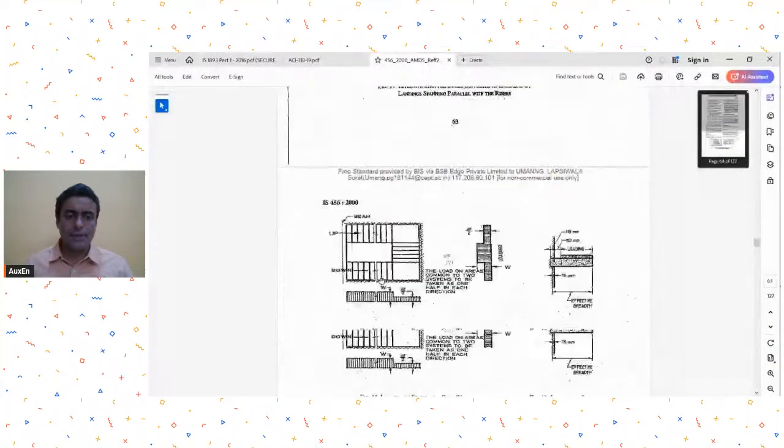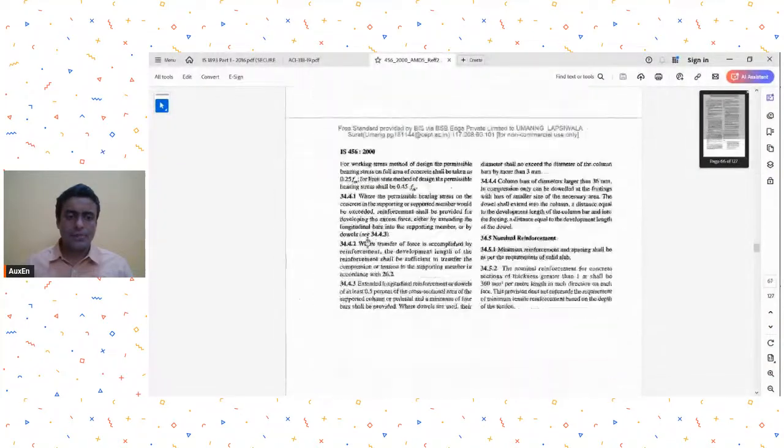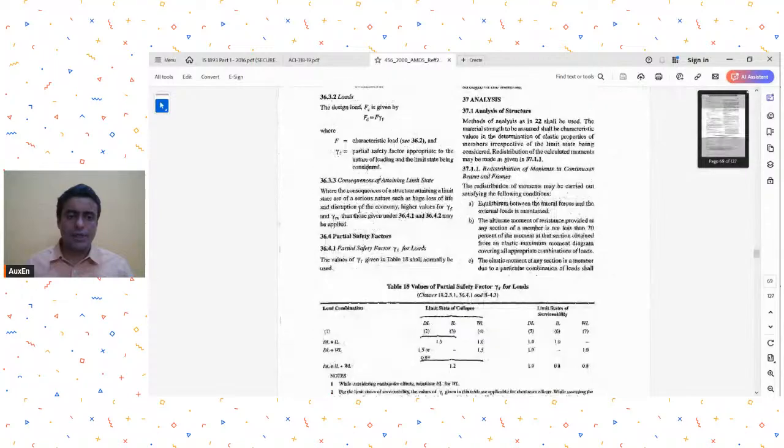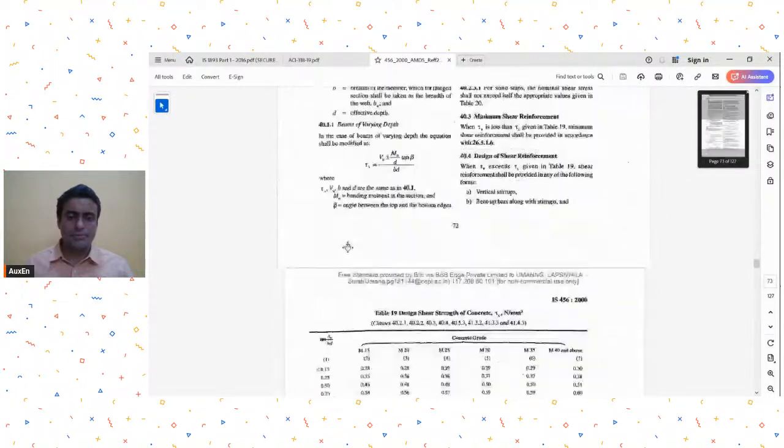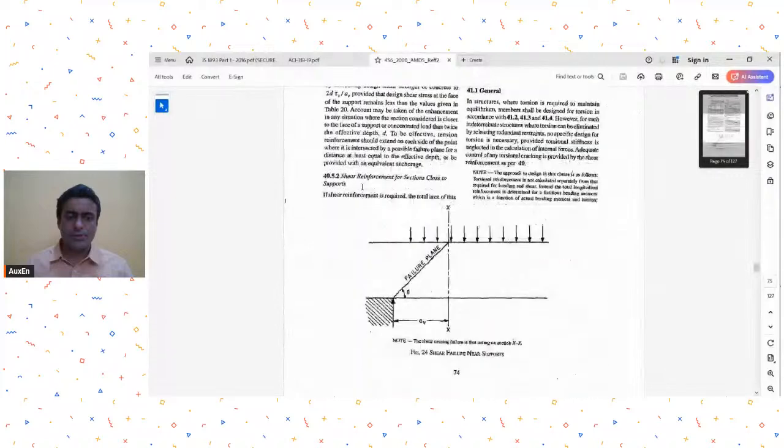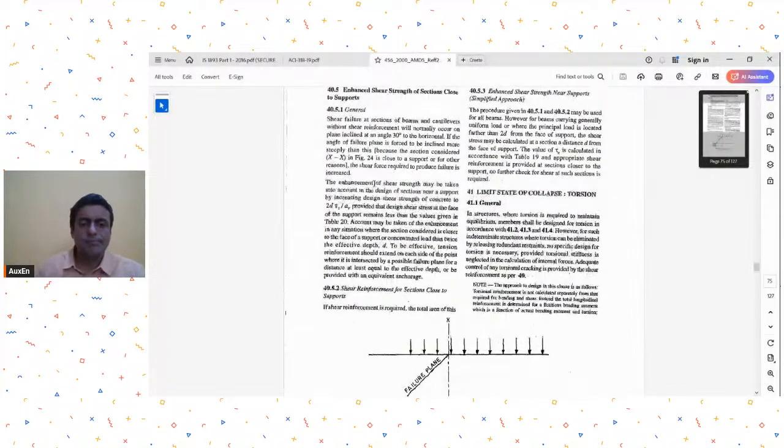When you are checking shear, and the section at which you are checking shear is very close to the support, then you are allowed to enhance the shear strength by this shear enhancement factor. Let me just go to the clause first. Yeah. Enhanced shear strength of sections close to support.